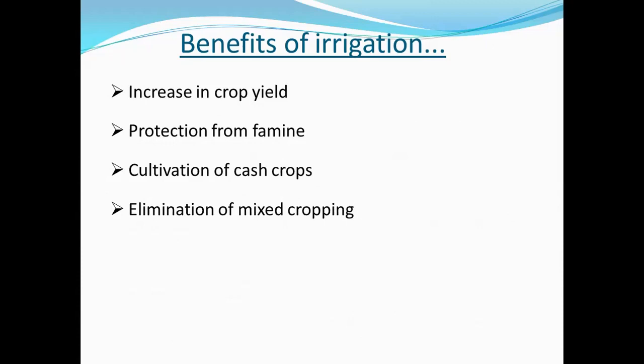However, the availability of irrigation facilities helps in eliminating mixed cropping, right? So if we need more water for crop yielding, with the help of irrigation facilities we can eliminate this mixed cropping system, right? The next is increase in the wealth of the country.